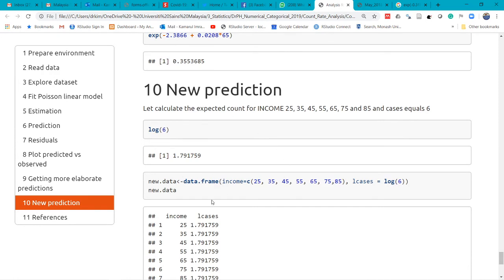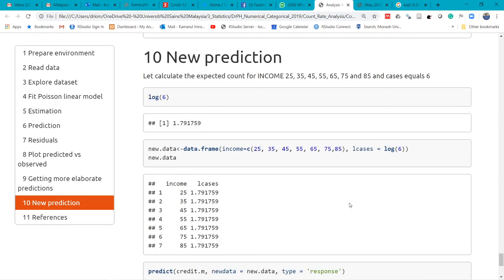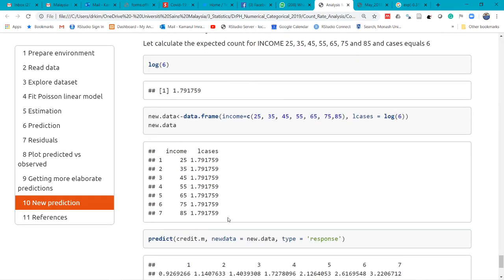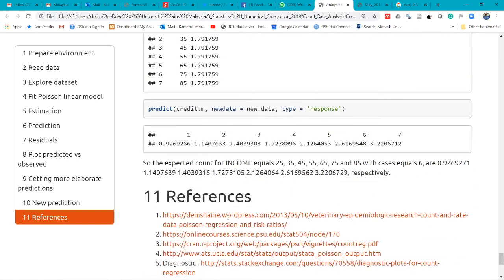And you can specify a new data frame, for example, for income of 25, 35, 45, 55, 65, 75, 85, with the denominator of log 6, for example, then you'll get the expected count for this guy.